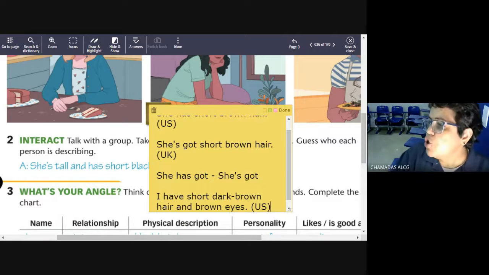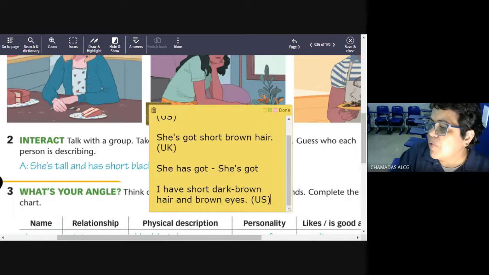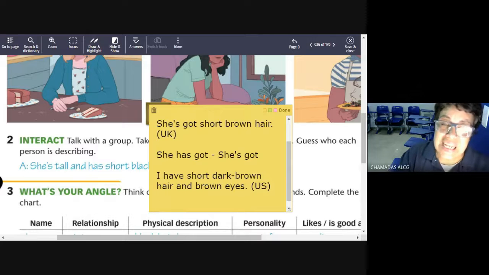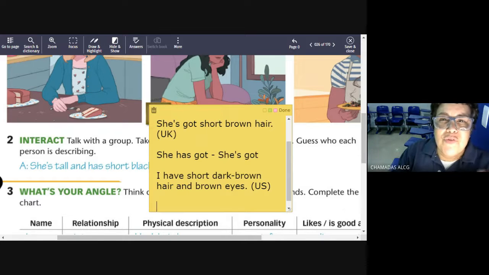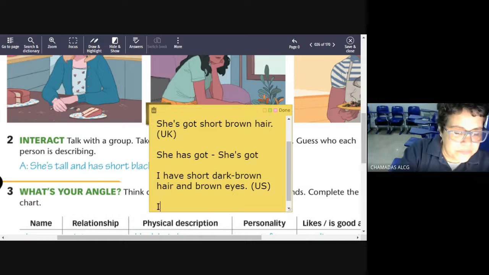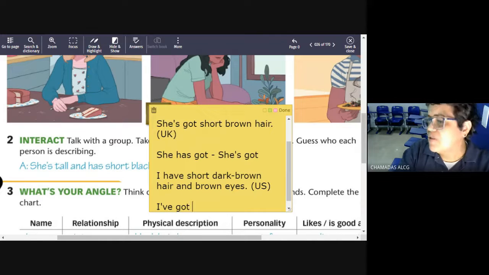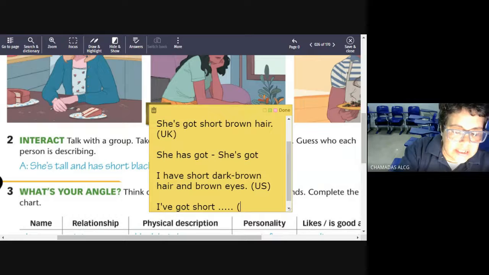I have short, dark brown hair, because that's the color of my hair, and brown eyes. Brown in English stands for castanho in Portuguese, okay? Now, if I am describing myself in England, I would say, I've got, okay? I've got short, dark brown hair and brown eyes, okay? So this is in the UK.